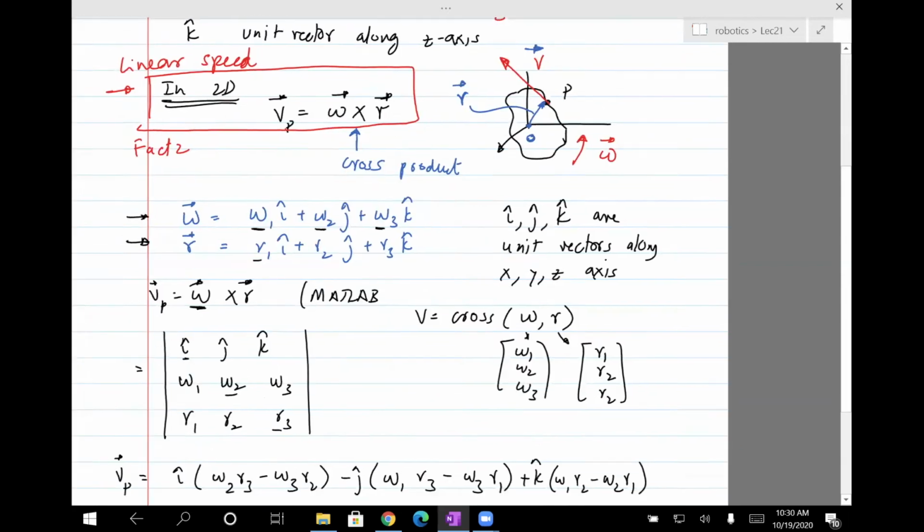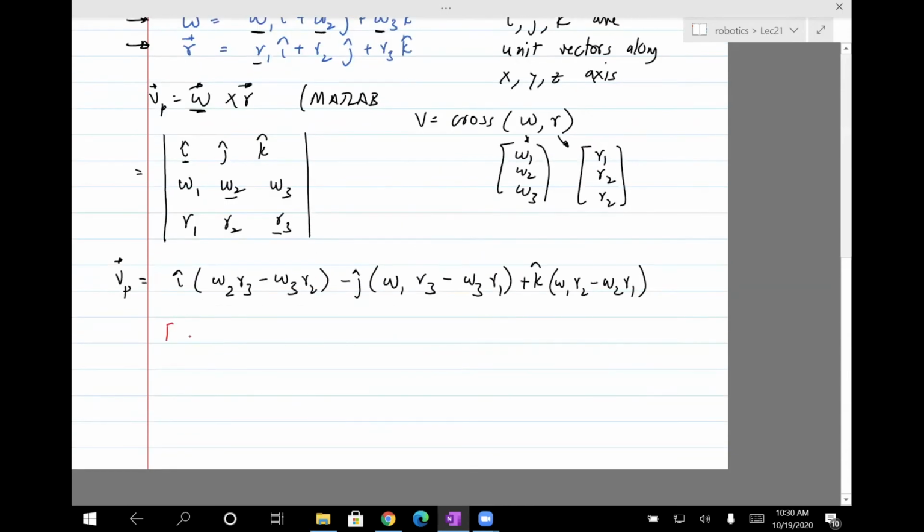So let me write that down here before we proceed. Fact 1 does not work in 3D. That is, if I were to write omega, I cannot write this is theta dot. See, I had the phi along x-axis, and then I had theta along y-axis, and I had psi along k-axis. So let me write that dot dot dot for the angular speed.